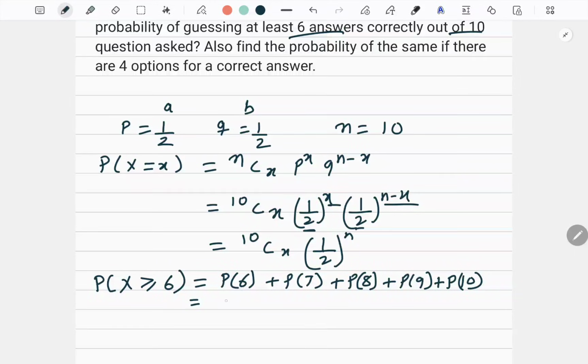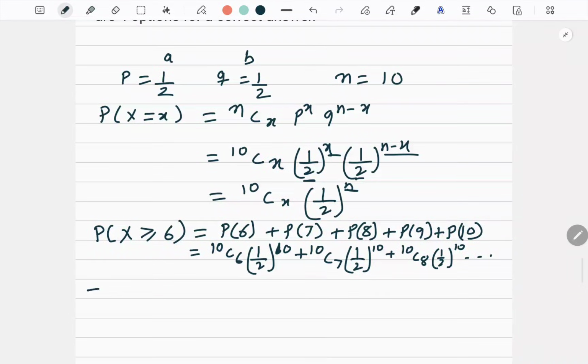So, 10C6 (1 by 2) to the power, oh sorry, not 6, 10, because it is n now. Then plus 10C7 (1 by 2) to the power 10, plus 10C8 (1 by 2) to the power 10. So now I can take (1 by 2) to the power 10 out.